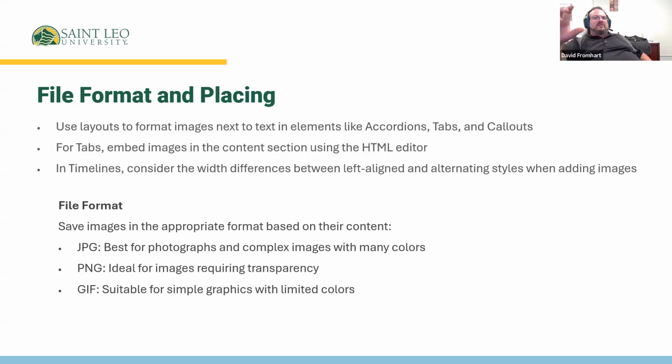Now, if the native image doesn't have that transparency, just changing it from a JPEG to a PNG isn't going to solve your problem. You're going to have to do some manipulation to it.